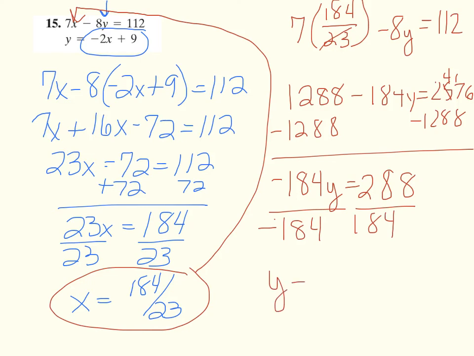So y equals, I can reduce that by 4. That'll be 72 over 46, which reduces to 36 over 23.